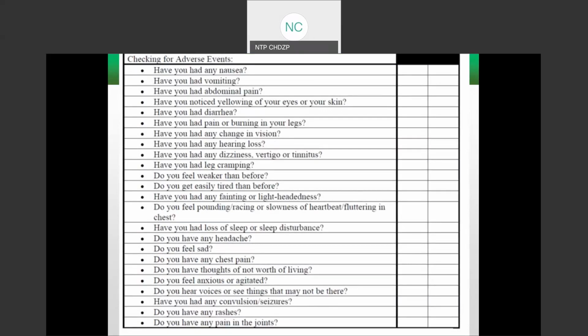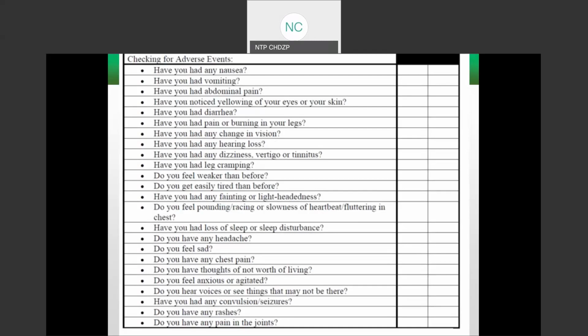Other questions to be asked are, does the patient feel pounding or racing or slowness of heartbeat or fluttering in the chest? Does the patient have any loss of sleep or sleep disturbances during treatment, or any instances of headache, or does the patient feel sad, or have any chest pain, or any signs of not being worth living? So these are the red flags that we should be asking the patients.